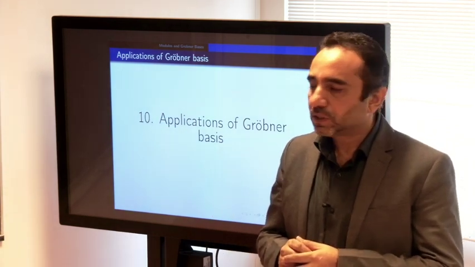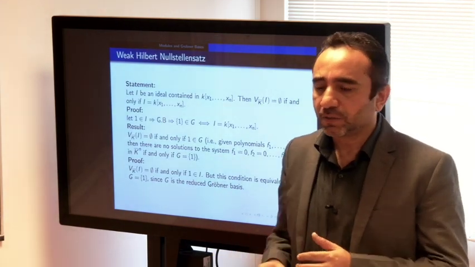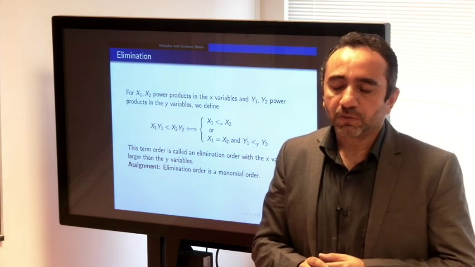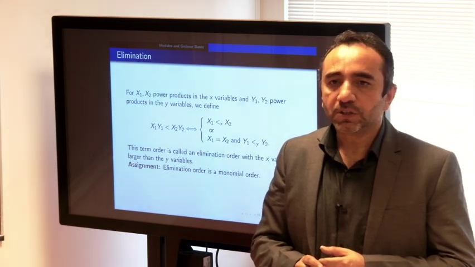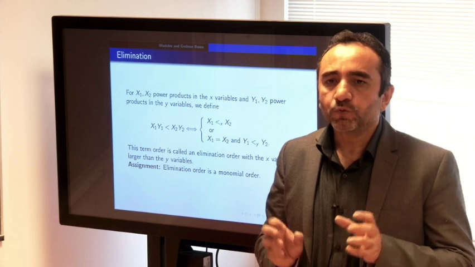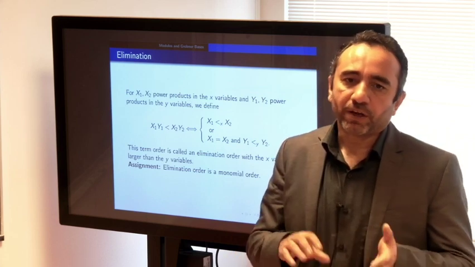The first thing is the variety, which I will discuss a little bit later. But firstly I would like to define the ordering called elimination ordering. In elimination ordering, you have 2 sets of variables: x variables and y variables.